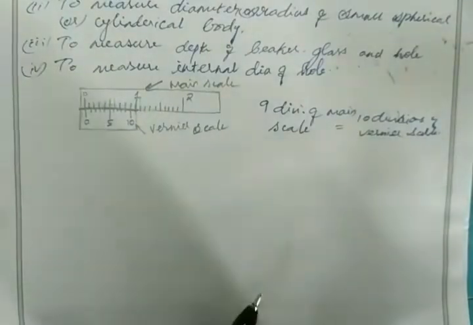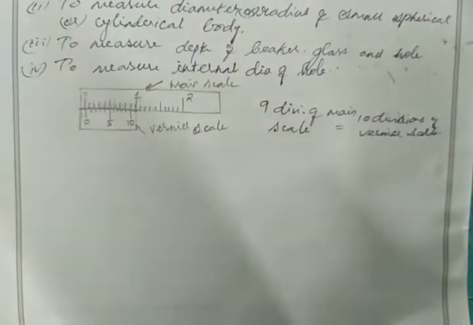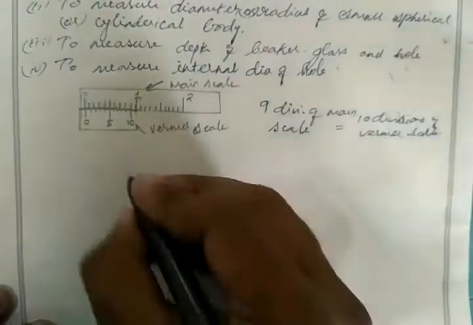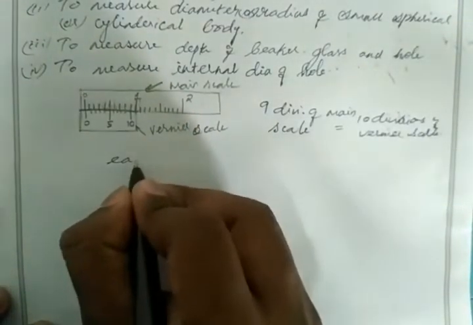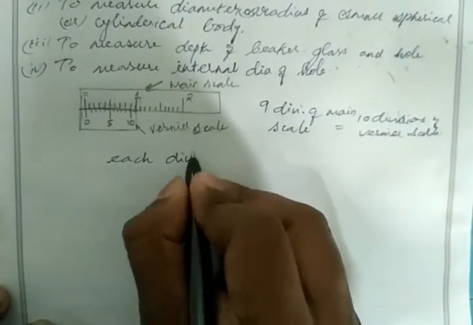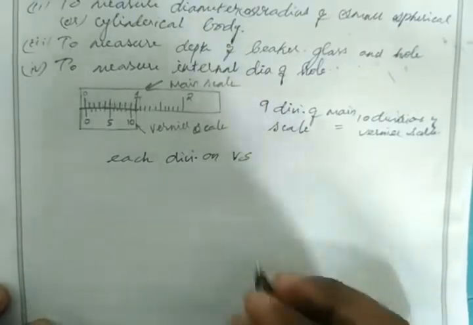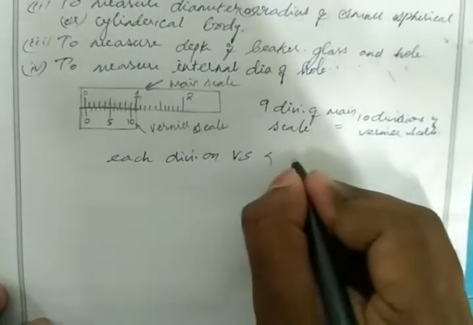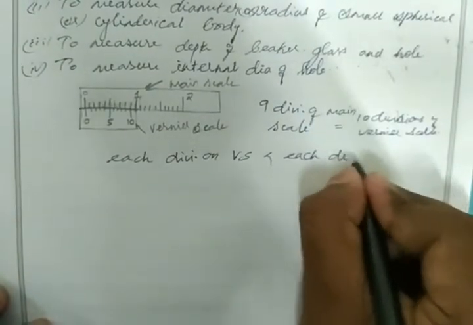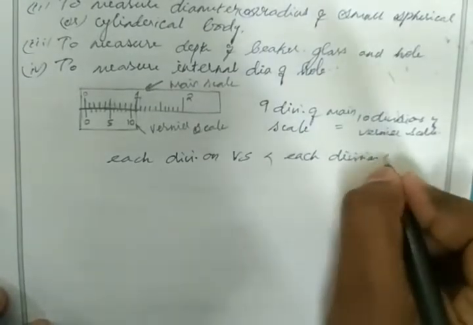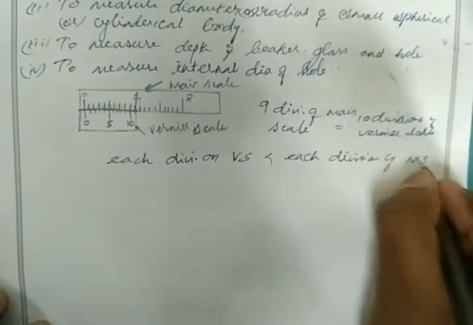Generally, we can say each division on the vernier scale is smaller than each division on the main scale.